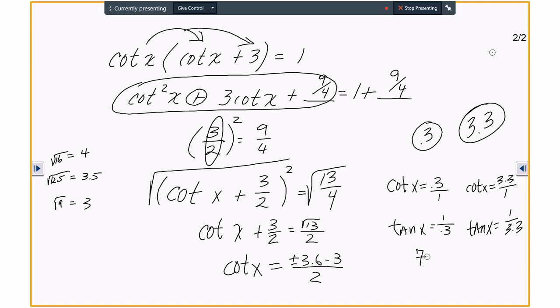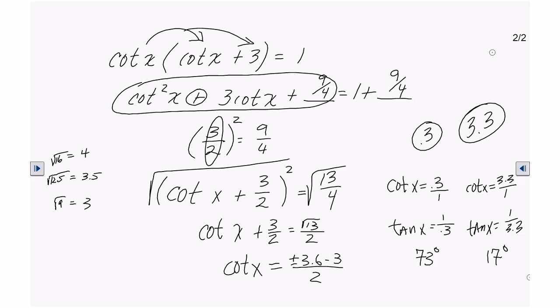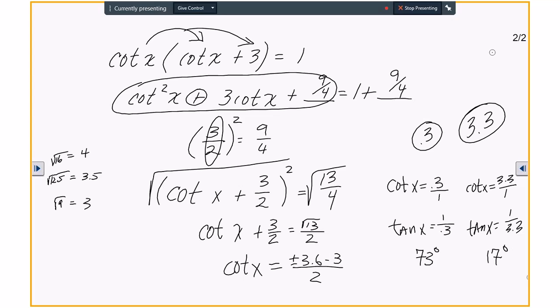73 degrees. And what about here? I'm sorry, what? 17. 17 degrees? All right, so both of them are positive. Let's go to our handy dandy All Students Take Calculus. So they're in what? They're in the 1 and 3.